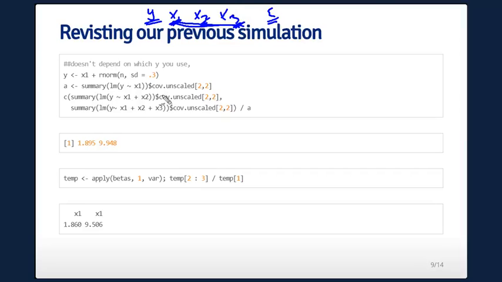So in this summary of the linear model fit, if you grab the unscaled covariance, the 2,2 entry is the variance for beta 1 in this case. That's maybe a bit detailed, but it's true, so just trust me on that if you don't quite get that.